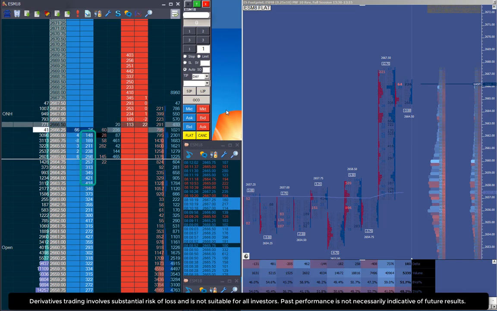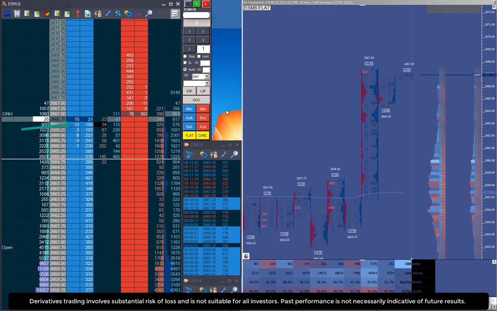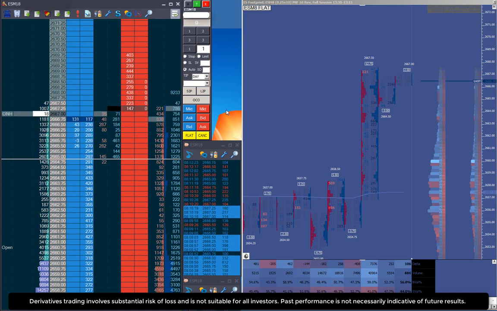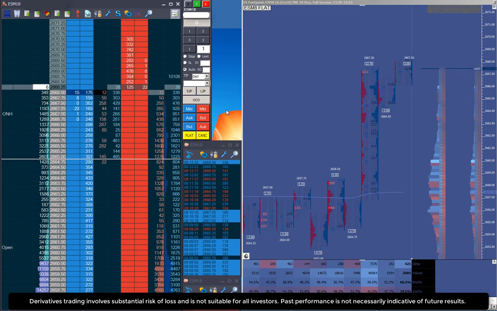But what you can see is that every time it ticks down, they stack another order there, and they keep basically propping this thing up. And this often happens right at the bottom of a mini volume node. So you can see on the footprint chart, we went right down to 26.65, which is the bottom end of this volume node here, and we absorbed a bunch of selling there.